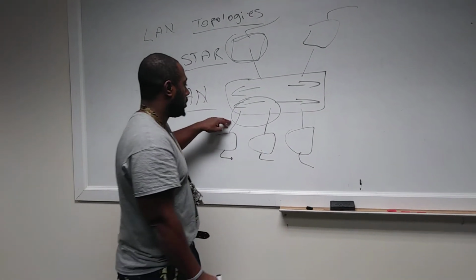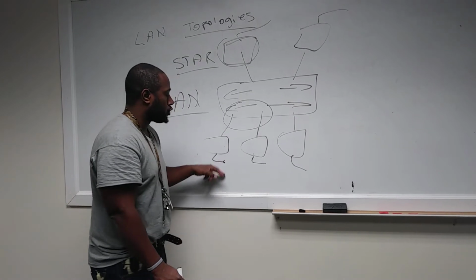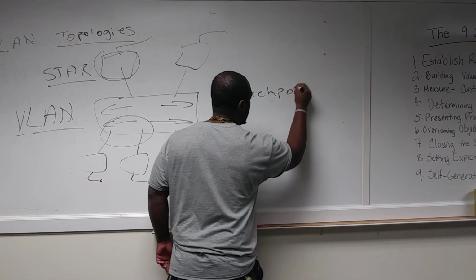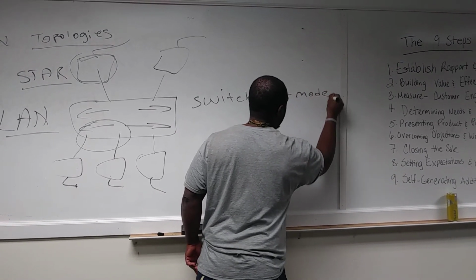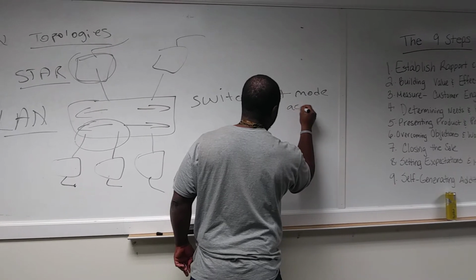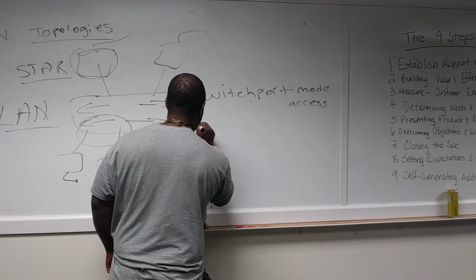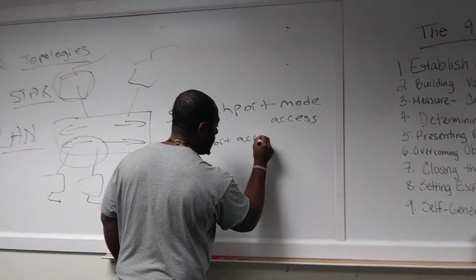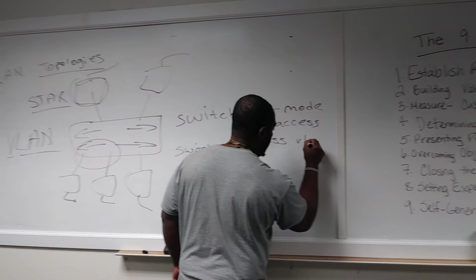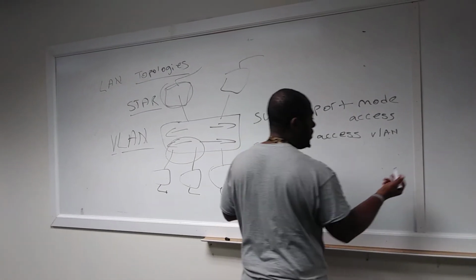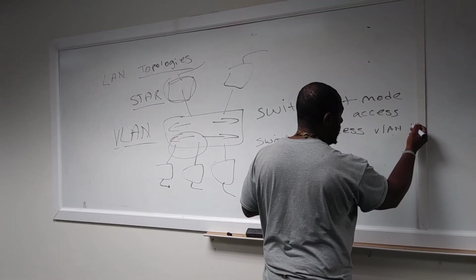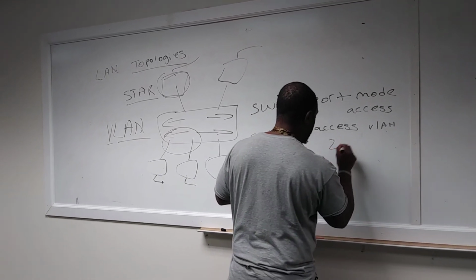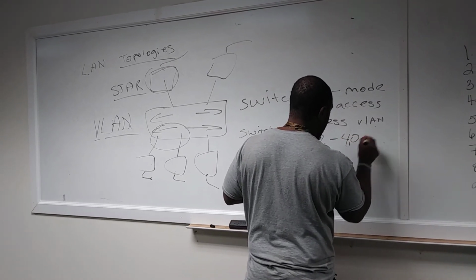On a Cisco switch, the commands to put these computers on a virtual LAN would be, pay attention, this is very important: switchport mode access, and then switchport access vlan, followed by a number from 2 to 4096.